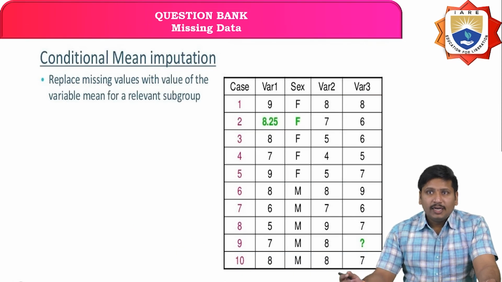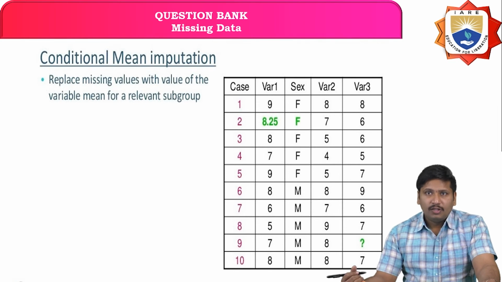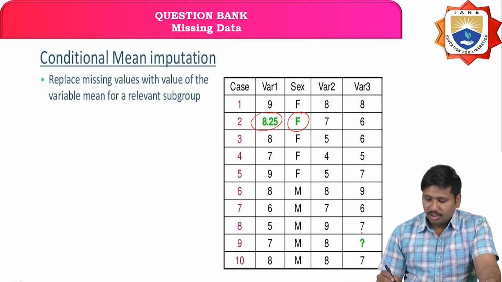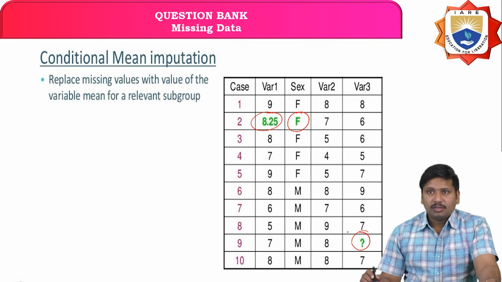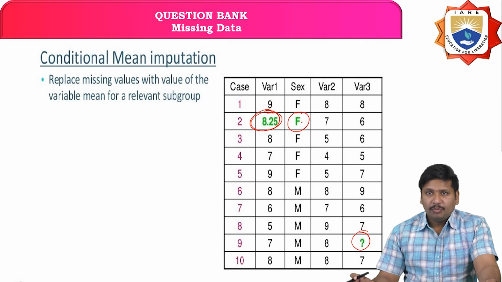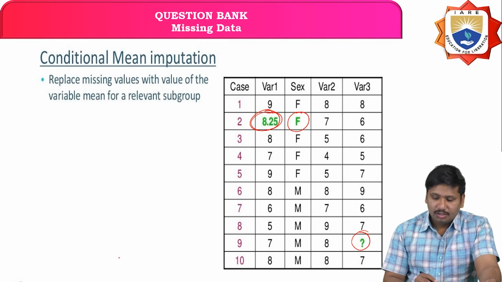And the next one is conditional mean imputation. Based on some conditions, I have to fill or replace the missing values with the variable mean. For example, here the data is missing, and here also, and here also. How can I fill these values with conditional mean imputation? I can write some conditions.